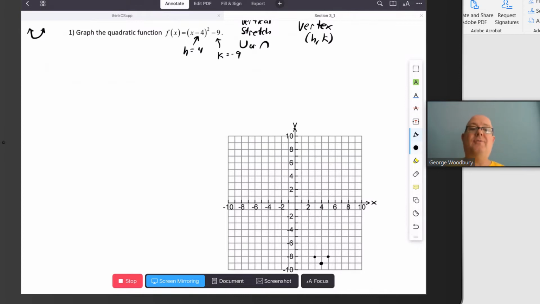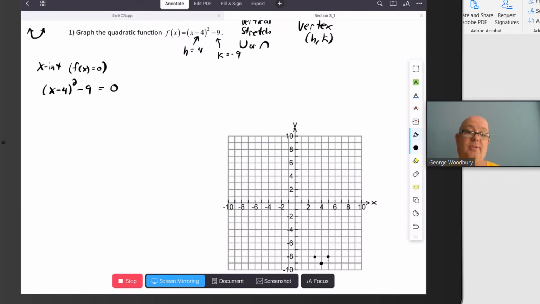But now I'd like to go after the intercepts. First I'm going to find the x-intercept, or intercepts. We know this is opening upward, so it has to cross the x-axis. They have to exist. So I'm going to set the function equal to 0. That means we have x minus 4 squared minus 9 equals 0.